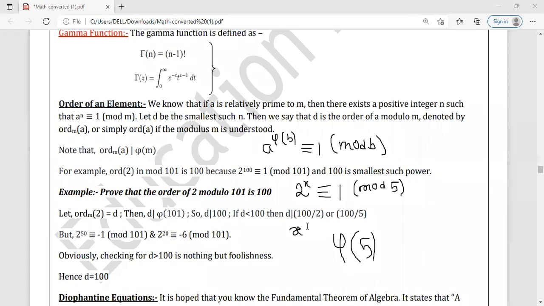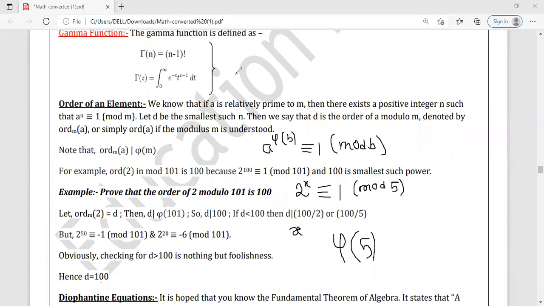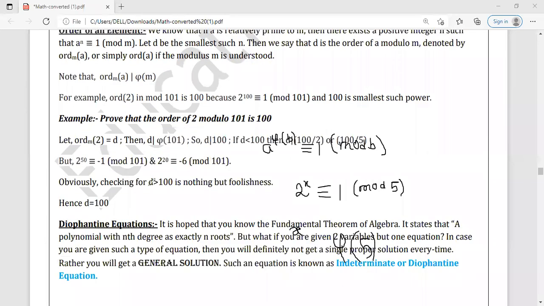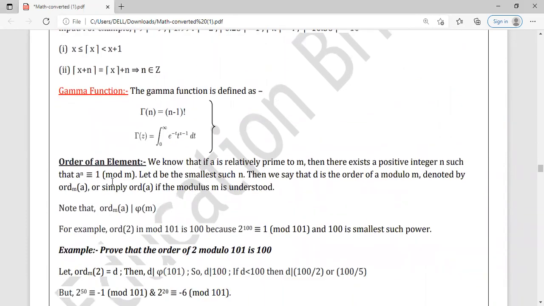Now this means we can represent it in this form. You may read it from here because it will be much more clear from the text only. If I tell it, it would not be that clear. See, it tells you that if a to the power n is congruent to 1 mod m, and let d be the smallest such n, like I told, what is the smallest such x such that 2 to the power x is congruent to 1 mod 5.